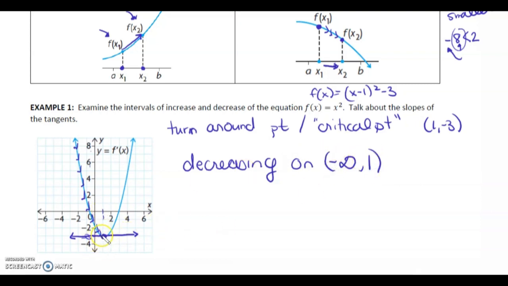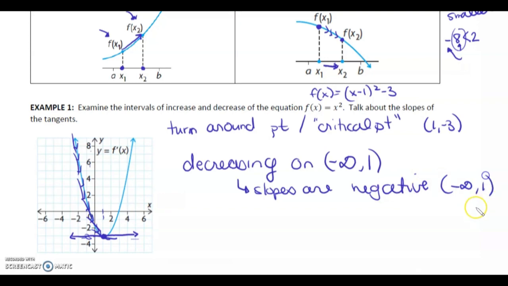But we're not decreasing at 1 because exactly at 1, we're at rest. Okay, and if we think about decreasing, we're thinking about negative slopes. Okay, so let's tie those together. Slopes are negative, also on negative infinity to 1. So those two things go together.